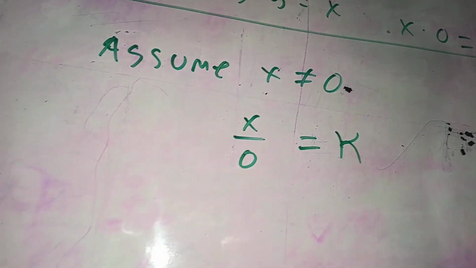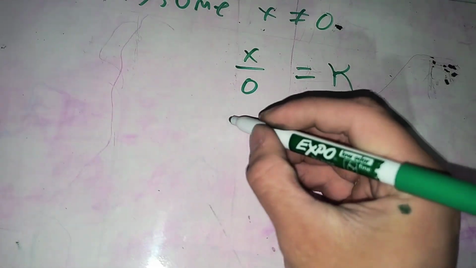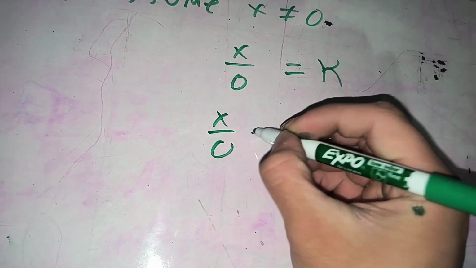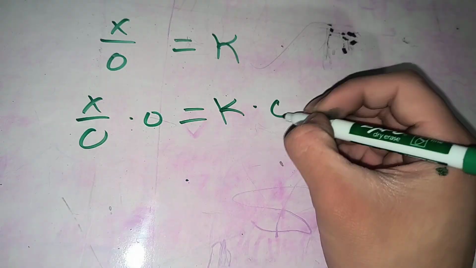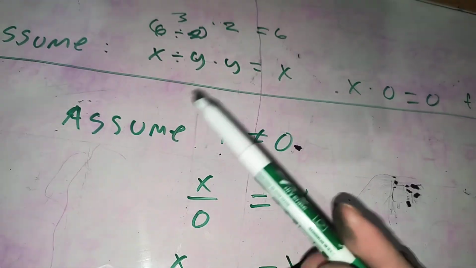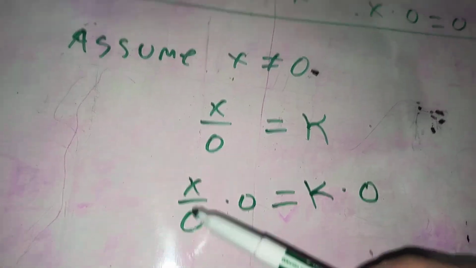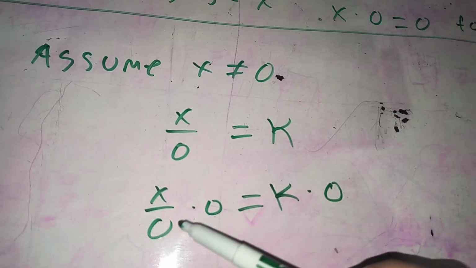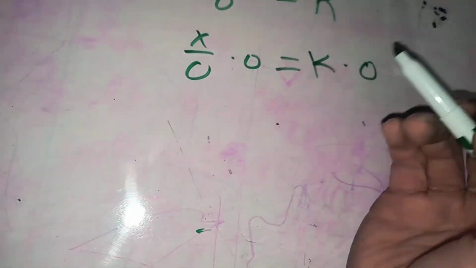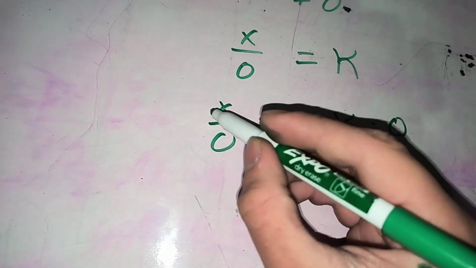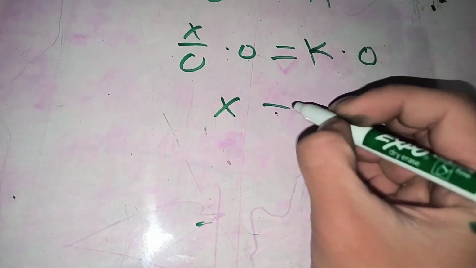You could say that x divided by 0 times 0 is equal to k times 0, but you have to do the same operation on the other side. Well, if x divided by a number is multiplied by that number again, it should be equal to x, right? So then this expression should simplify out to x.